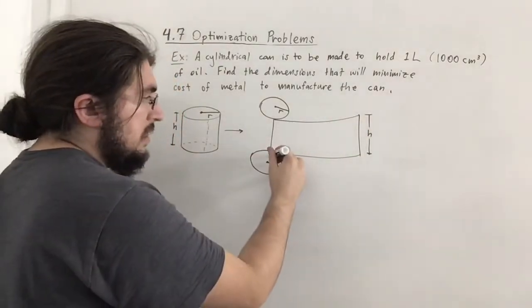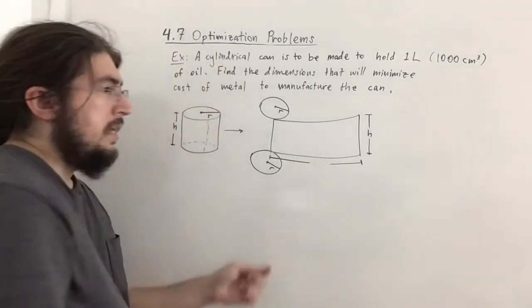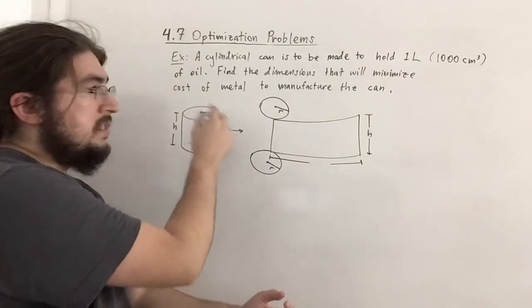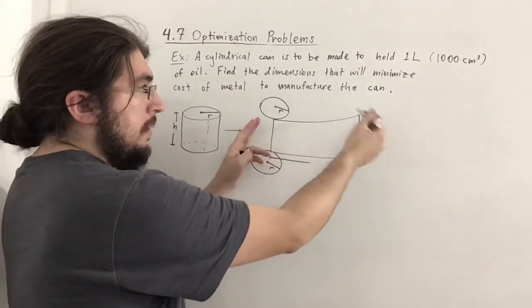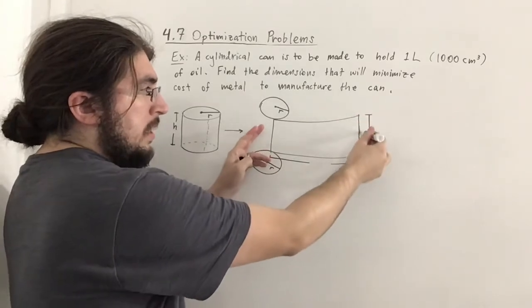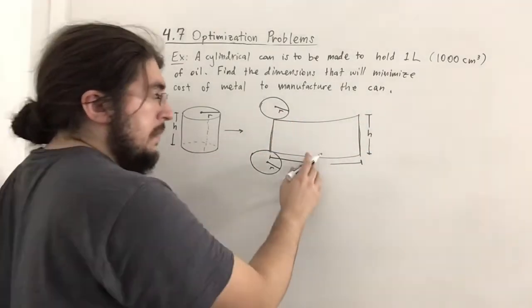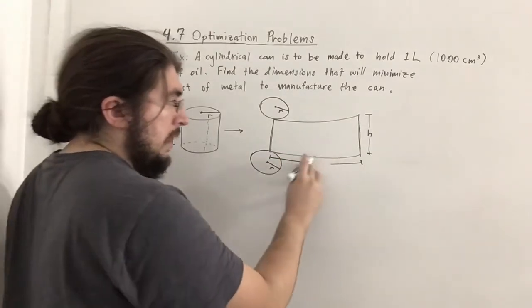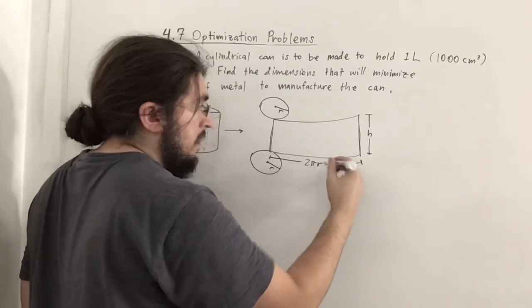And what this length is, if you think about it, is just the circumference of the circle. Because if you construct it back, this is going to wrap around so that this side gets glued exactly to this side here, and they meet. So that means that it wraps around the circle, so the length here is the circumference of the circle, which is 2 pi r. Fantastic.